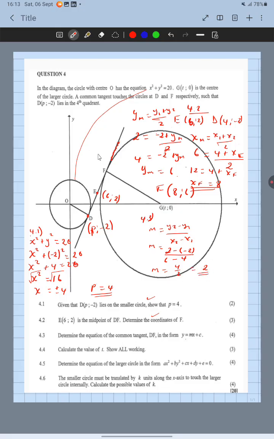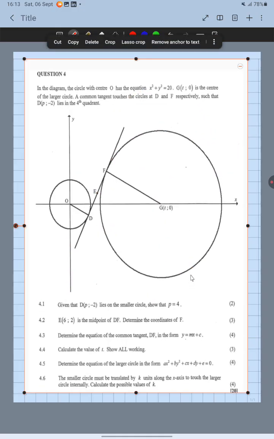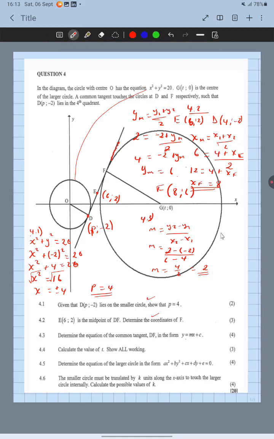And then from finding the gradient, we can use which equation do you want to use? Y minus y1 is equal to m times x minus x1, right? So this will be y minus any point that we can use.